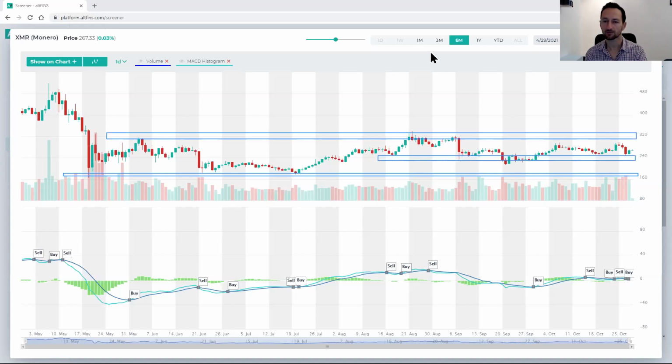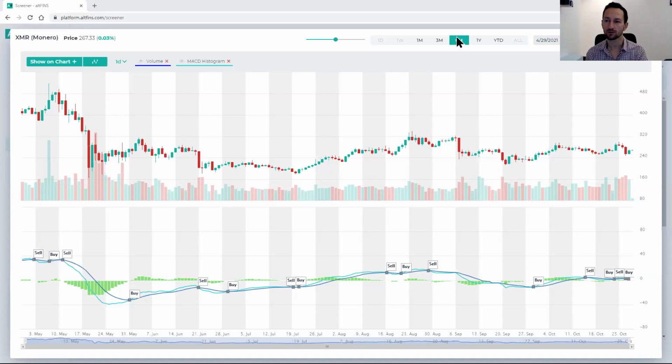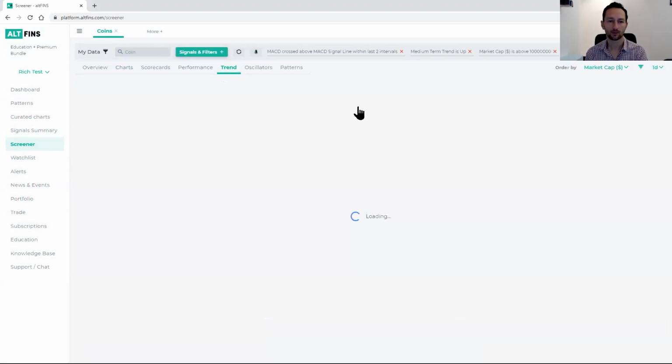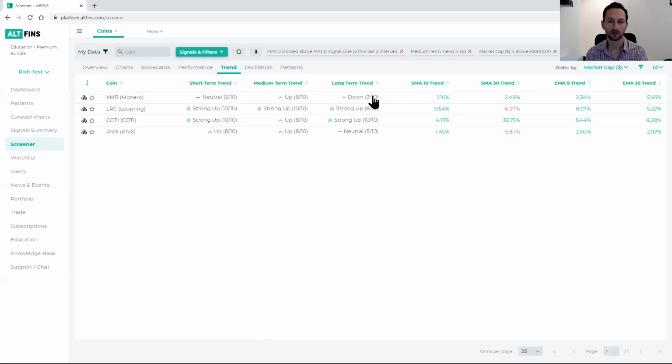I'd probably get involved, but the other thing that may keep me from getting involved is, if I recall correctly, this is one of those that's not in an uptrend on the long-term basis, on the down, and the short term is neutral. Okay, the trend is kind of mixed. So unfortunately today, I will not do a trade. If I had access to another exchange, which I do, but not on this account, I would probably go ahead and move forward with the crypto.com trade that I mentioned earlier.